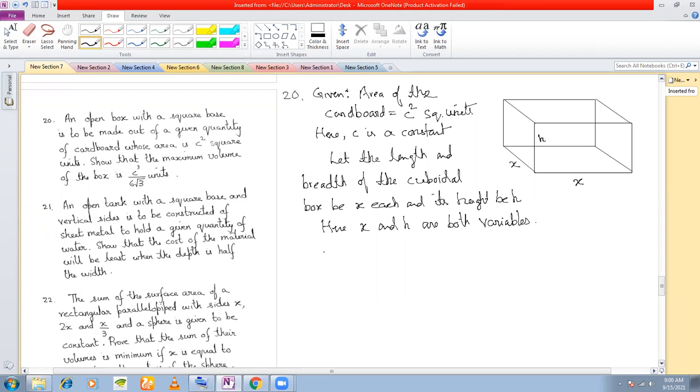Because when you are making it out of a cardboard, it has to be an open top. So area of the base plus area of the four walls must be equal to the area of the cardboard.